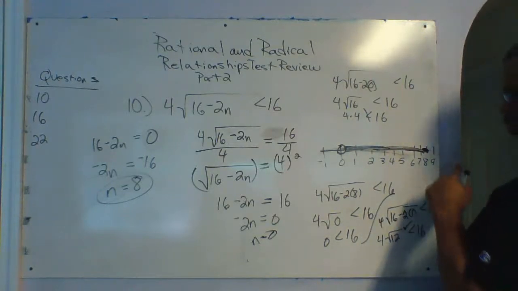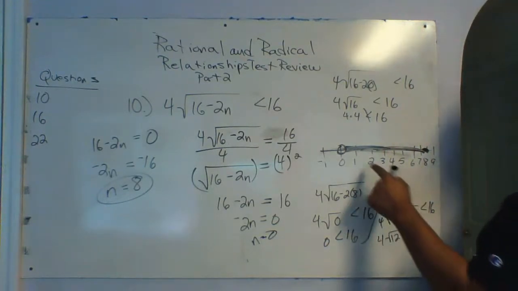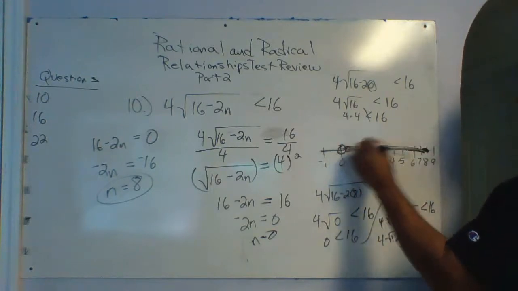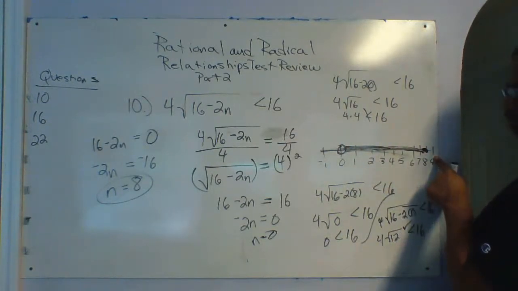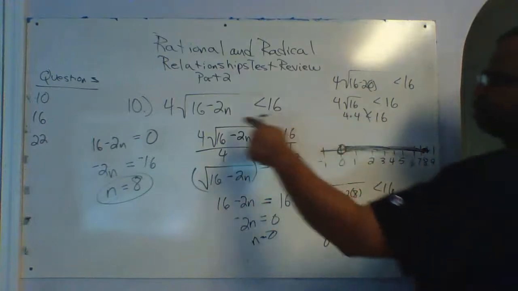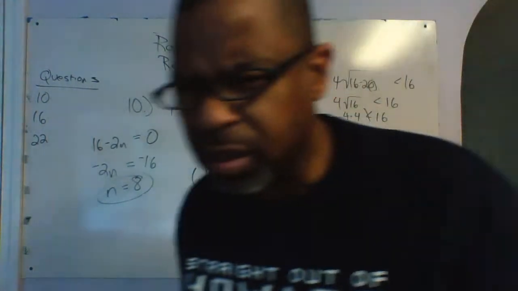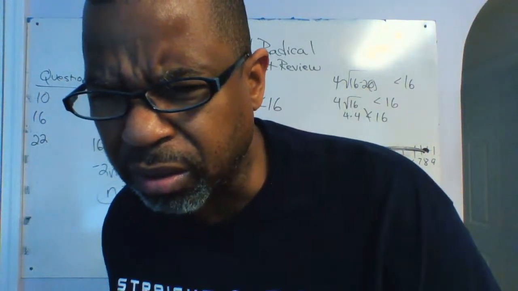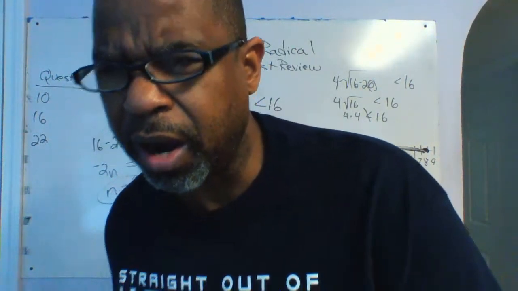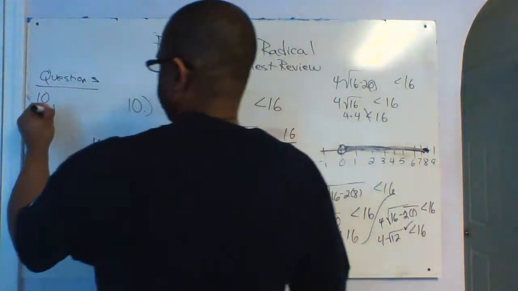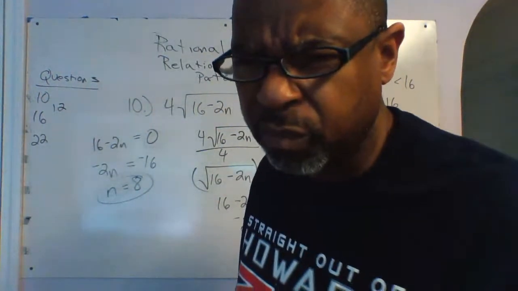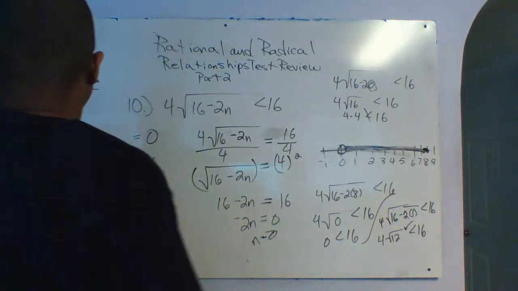I picked 1. That works. Since that worked, I can shade everything inside. Then I got to check 9. But I know if I put 9 in here, that's going to be a -18.